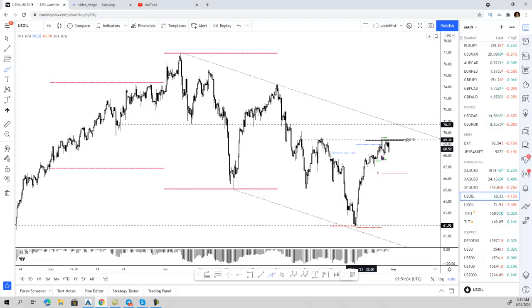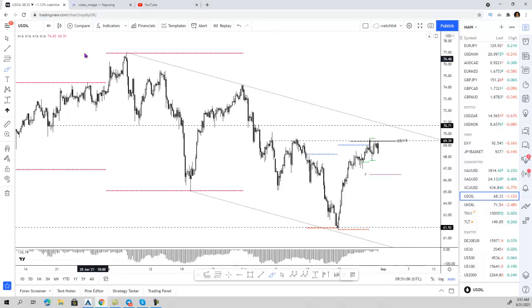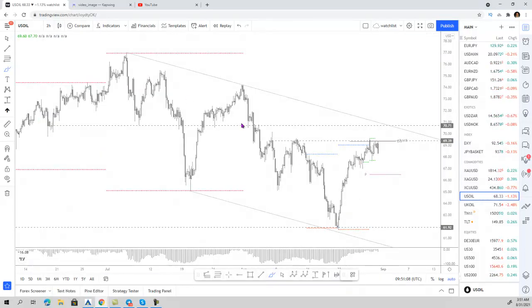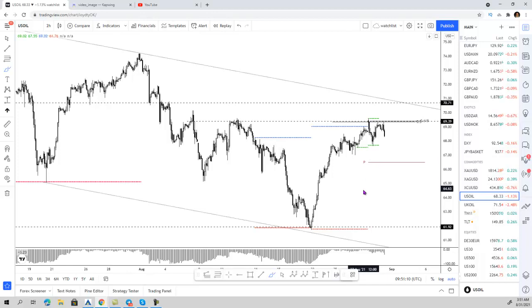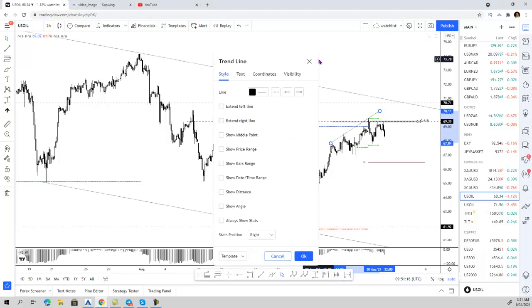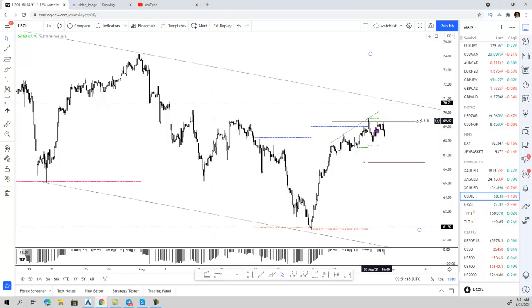So if this level holds, why don't we go ahead and look at the 2-hour chart, because this is where it gets very, very interesting. What I'm looking at here is a possible reversal pattern right at the top of that move, but not without having calculated those.